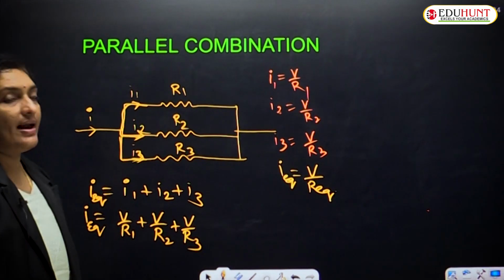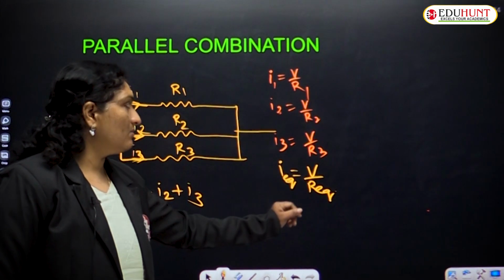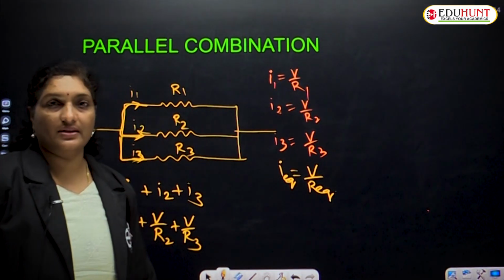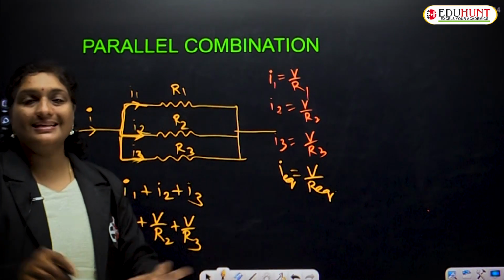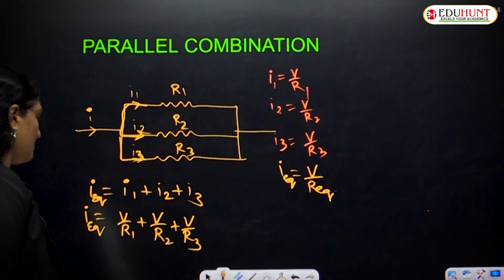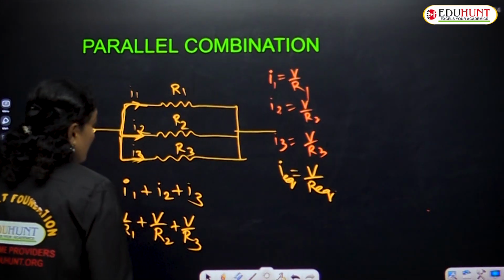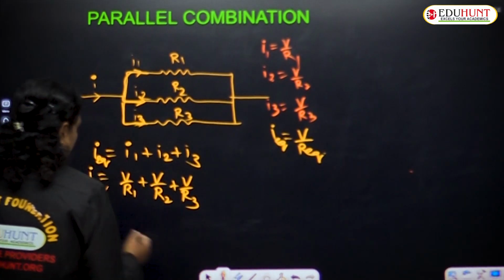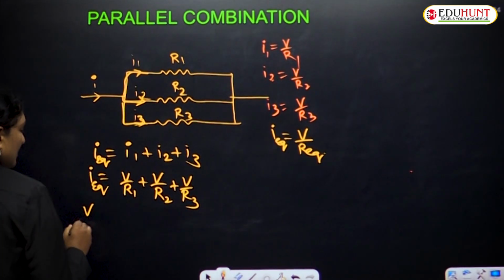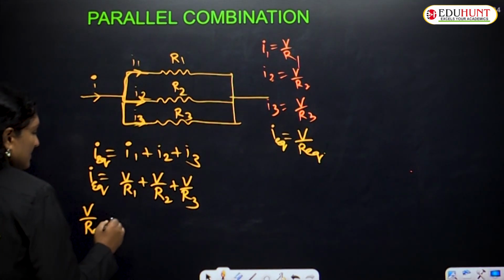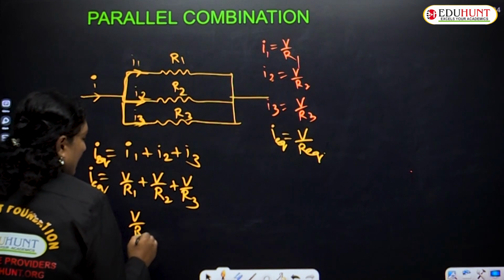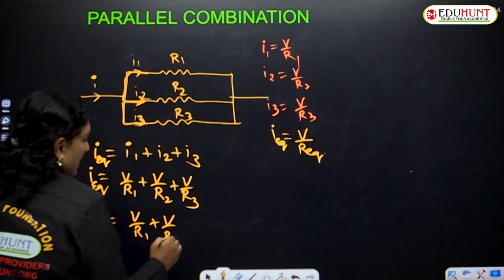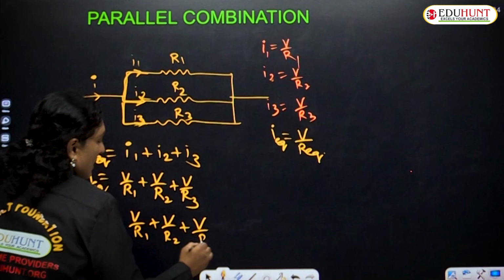So I equivalent is equal to V by R equivalent, where V, the potential difference, is the same and the resultant resistance is R equivalent. So replacing the same, we have I equivalent, V by R equivalent, equals V by R1 plus V by R2 plus V by R3.